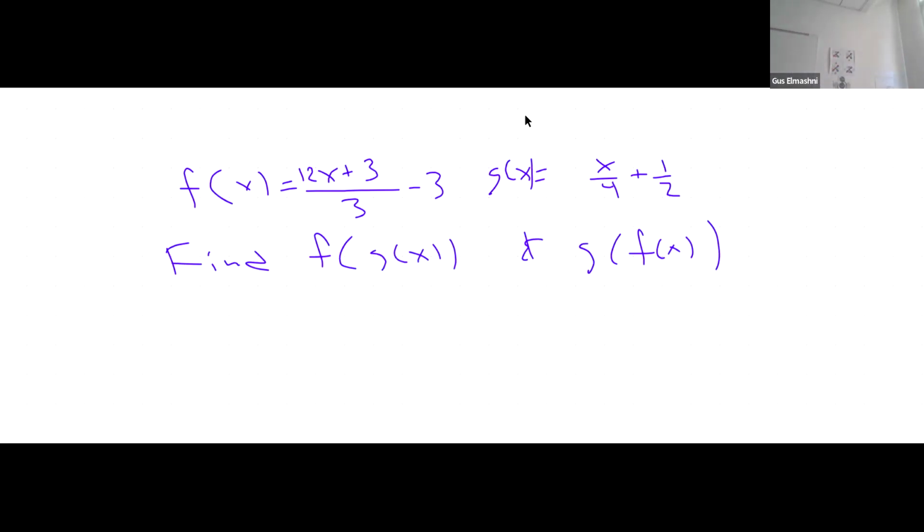The first one, 1x minus 1. Can you guys simplify f of x? Can you simplify it? No. Yeah, you can. Actually. The first one, 1x. Oh, sorry. I was looking at the problem.